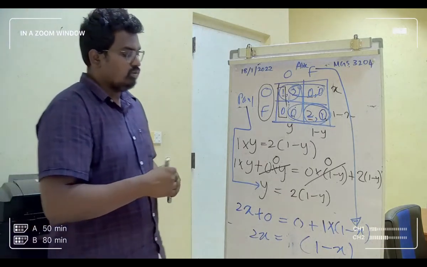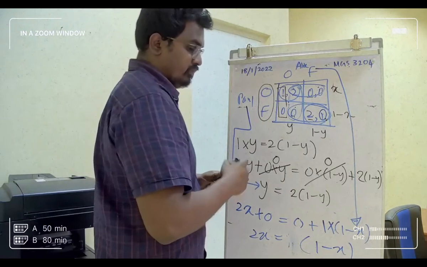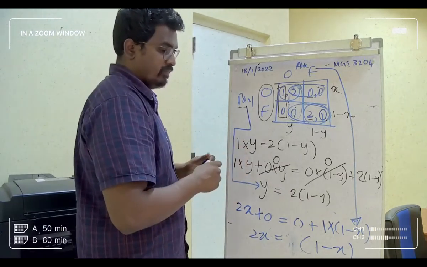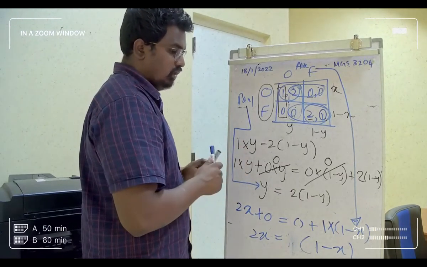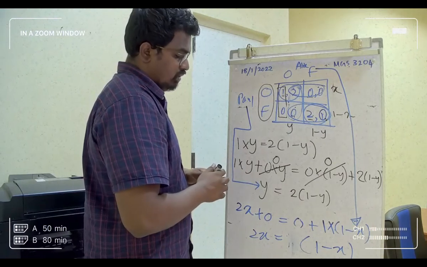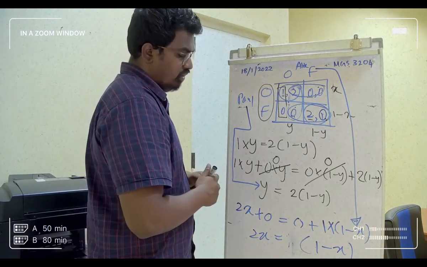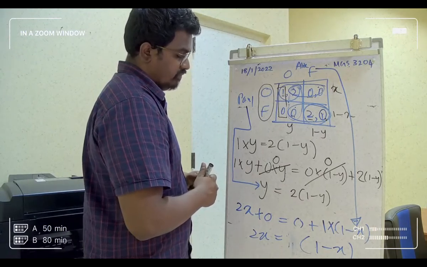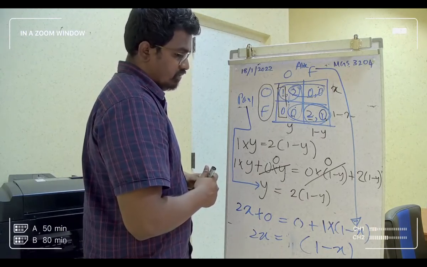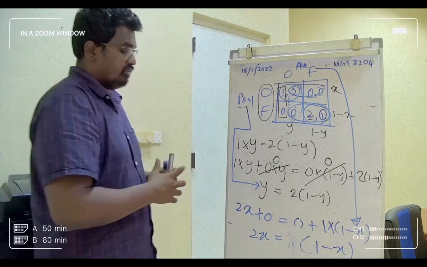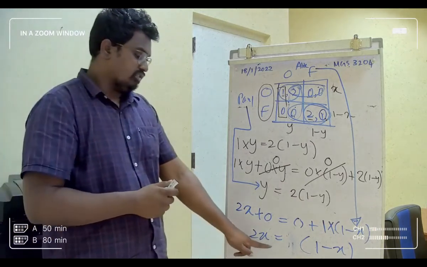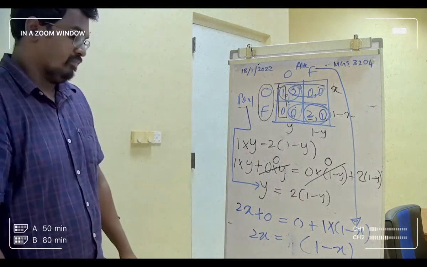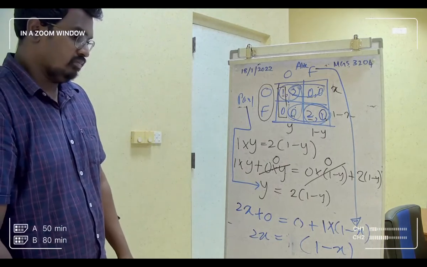Okay. So what could be the next step? What will we do next? Now can we try to solve for some here? Can we find an answer for this formula? Is it possible?